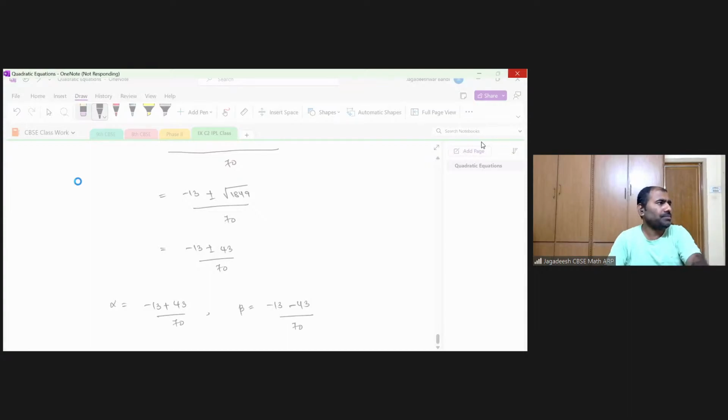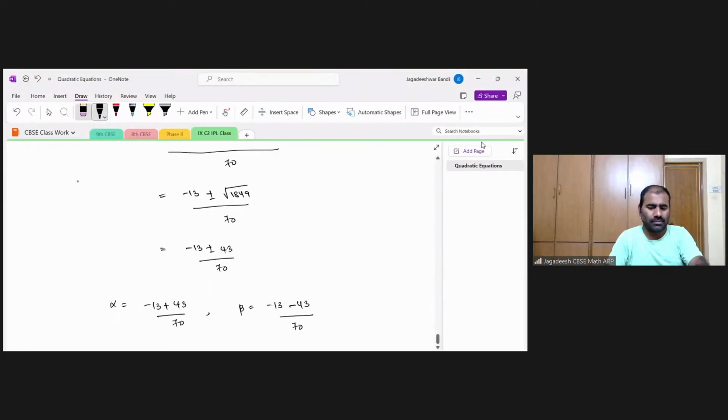I'll do it here only. Alpha equal to 30 by 70, so the zeros get cancelled, giving 3 by 7. And beta equal to minus 13 minus 43, which gives you minus 56 by 70.